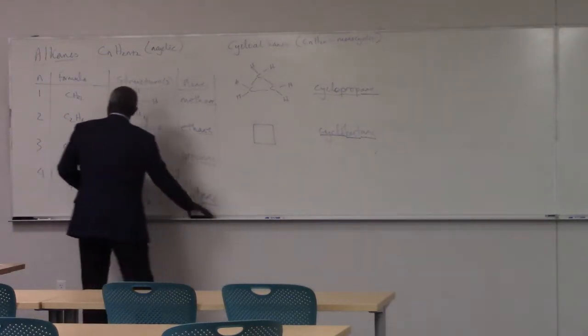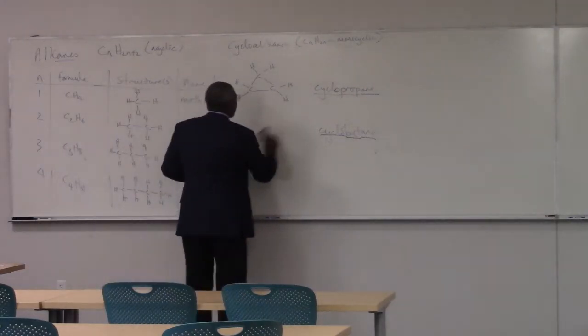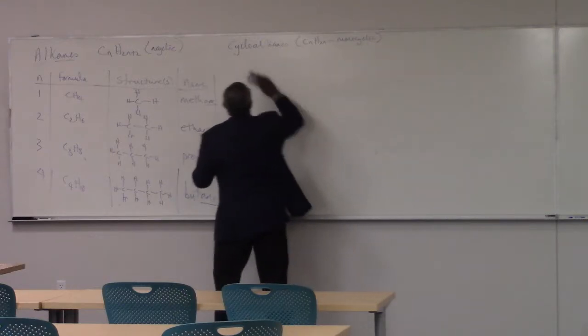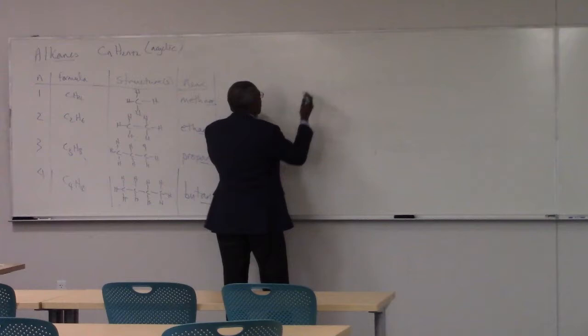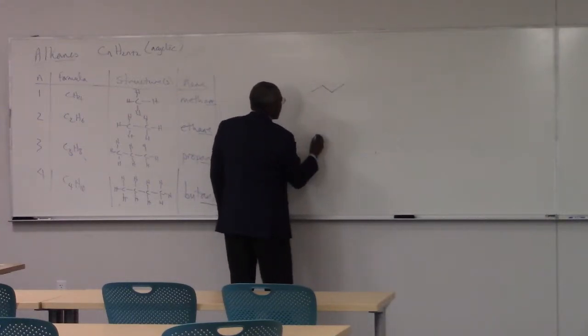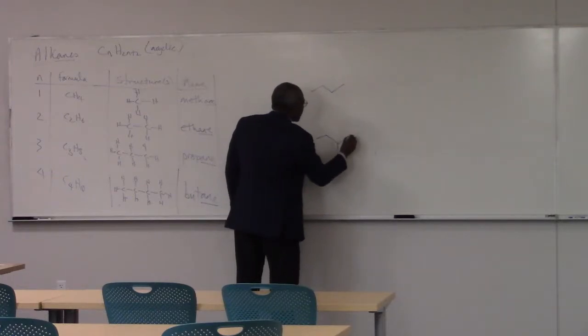Okay, so I want to talk a little bit about some substructures in alkanes. I can draw any number of alkanes on the board. So let's draw that one, let's draw this one, and this one.